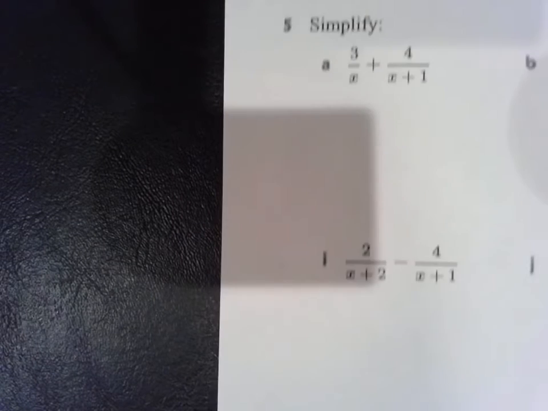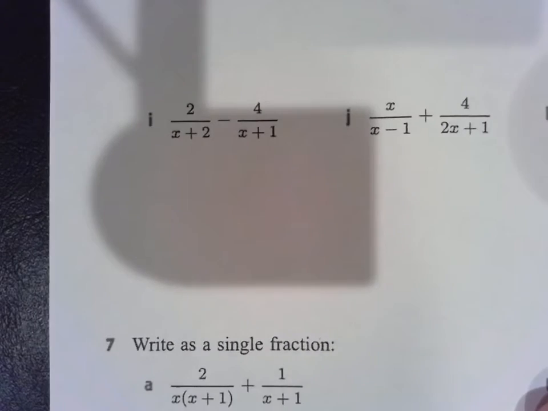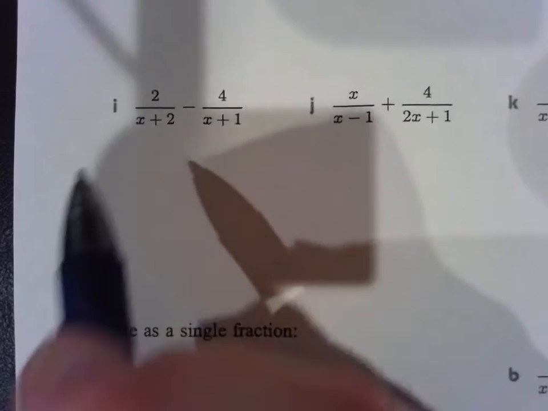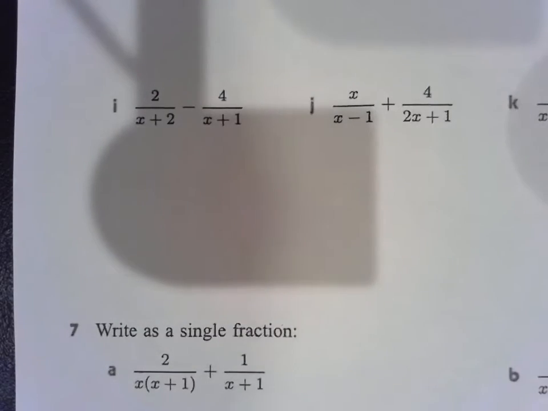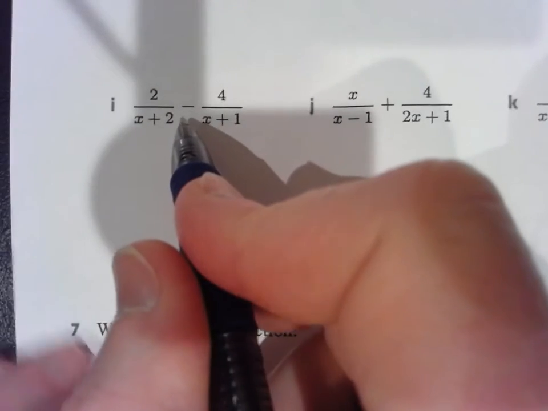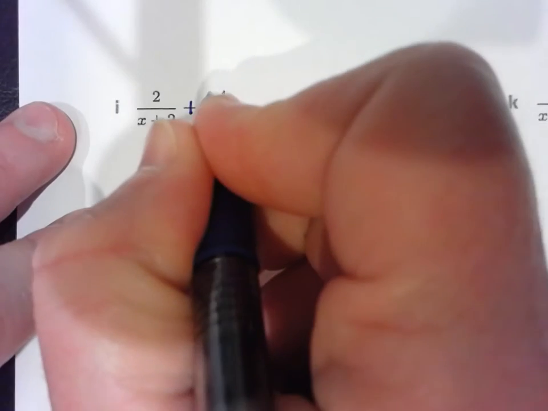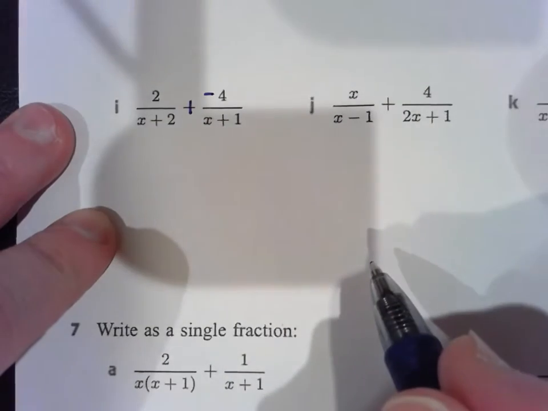Let's keep going down that first column and look at letter I. So, in letter I, it's a subtraction problem. So I'm going to change it to add a negative.